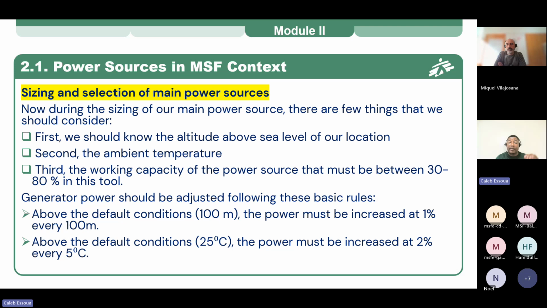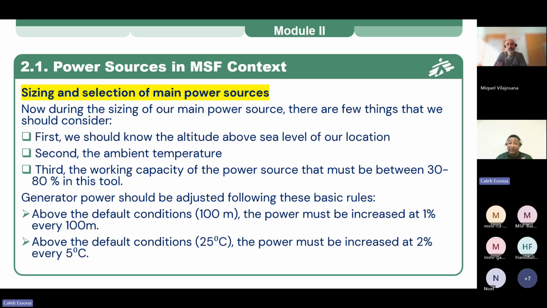And for the generator sizing, as I mentioned, you have to check your altitude above sea level and your temperature. The design of the software is done with the default conditions: 100 meters above sea level and 25 degrees temperature.